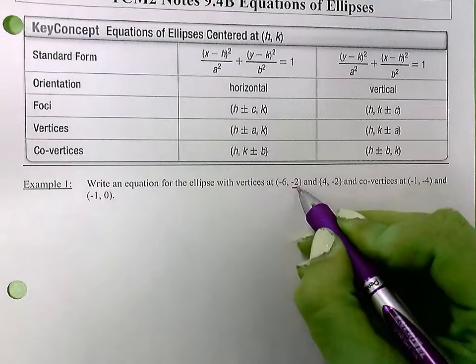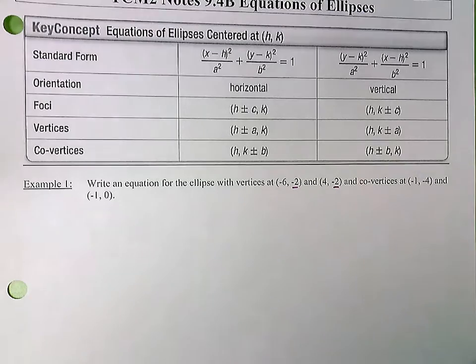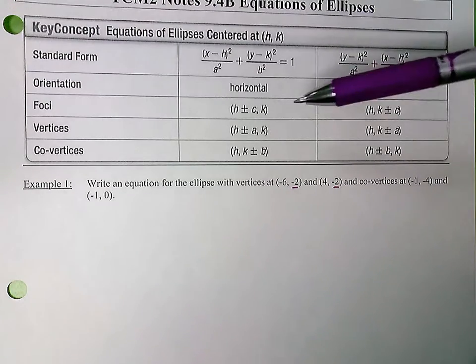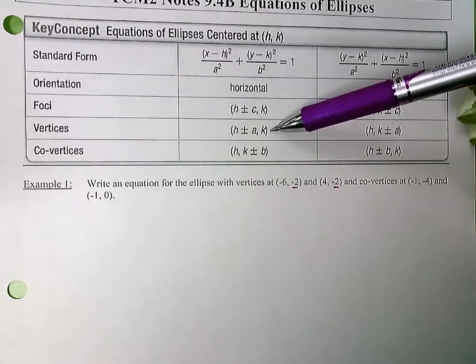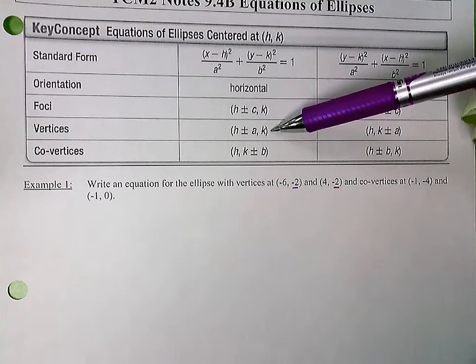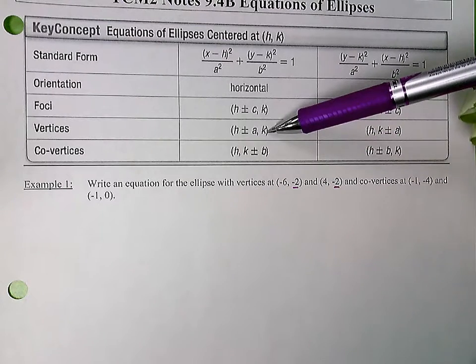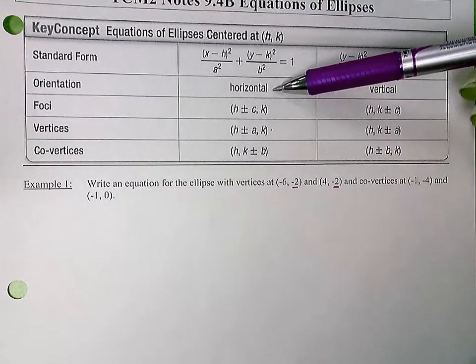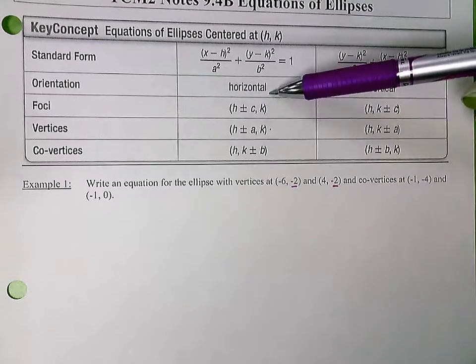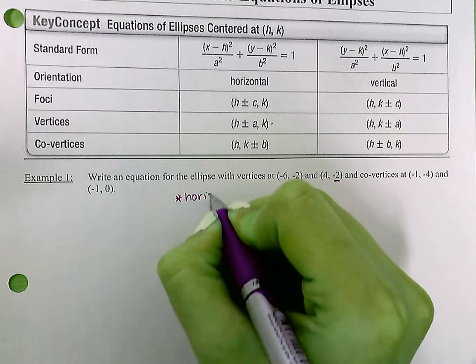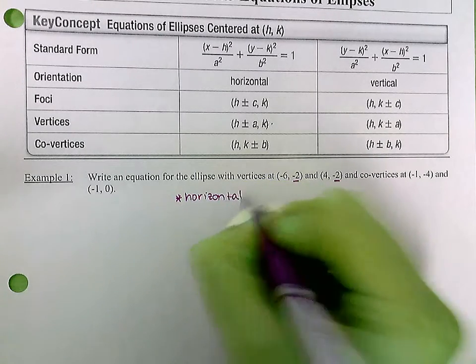In this case with my vertices, my y's are the same. So that means our k is staying the same between our two vertices. That would be this one right here, since it stays at -2 for my vertices. That means my form will be horizontal.